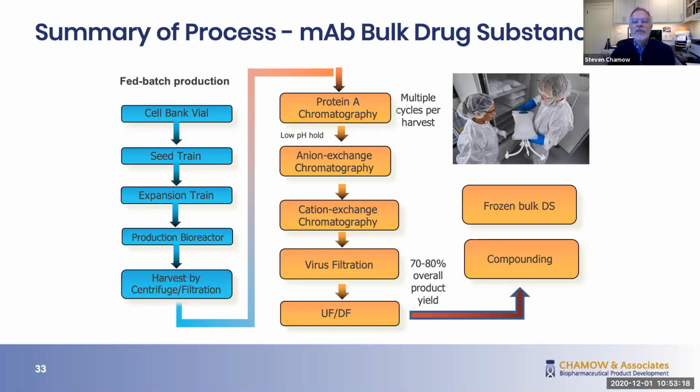We were able to use multiple cycles per harvest. This is typically done with monoclonal antibody and bispecific processes. Why this is done is because, as many of you know, protein A media is one of the most expensive components of the manufacturing process.